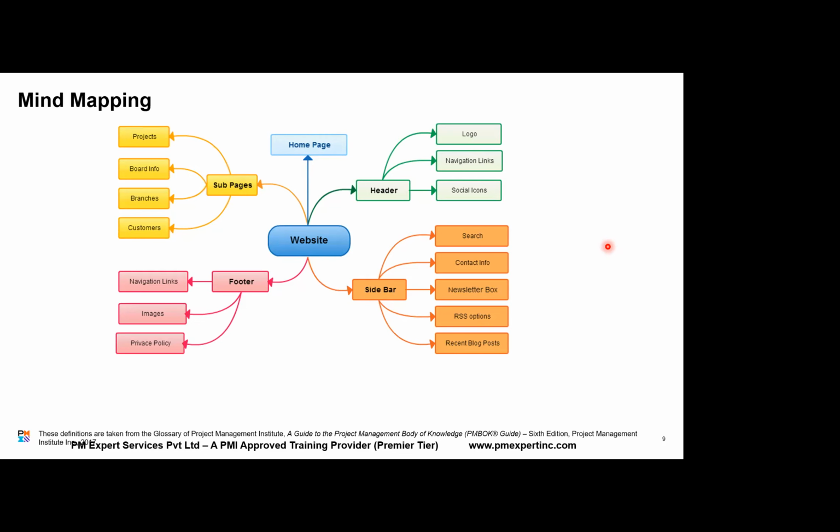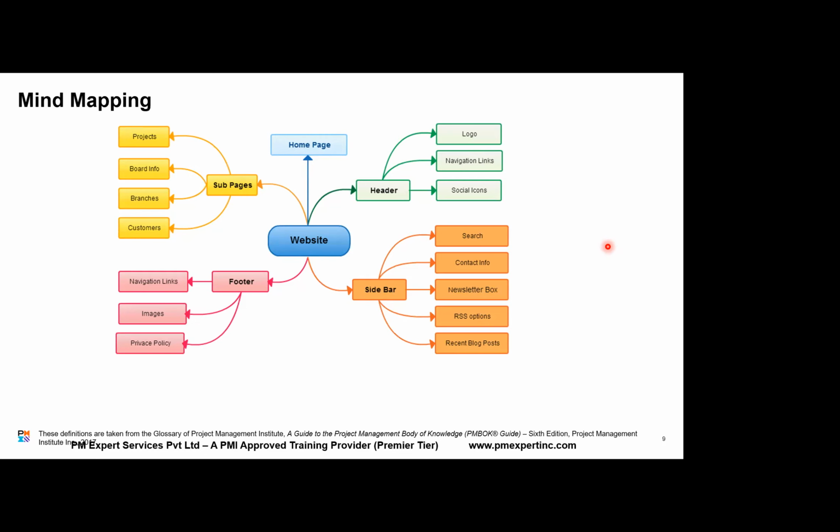Can we depict the requirements of the project visually like this, in the form of a mind map? For example, if we have to develop a website, the requirements of the website can be generated in a textual format, and they can also be developed in the form of a mind map like this.